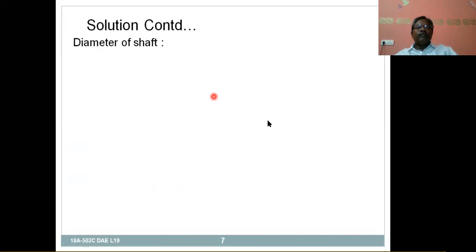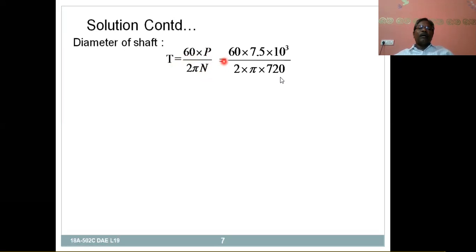So, this is the torque formula. T is equal to, from the power formula, 60 into P by 2 pi N. You will get your torque in Newton meters: 99.522 Newton meters, that is 99,522 Newton millimeters.